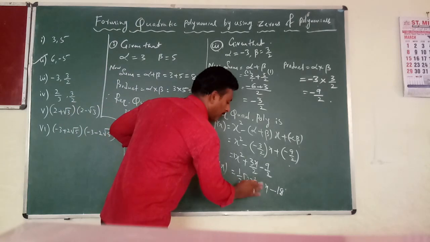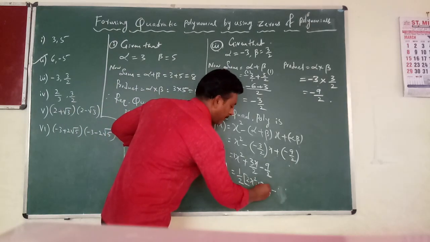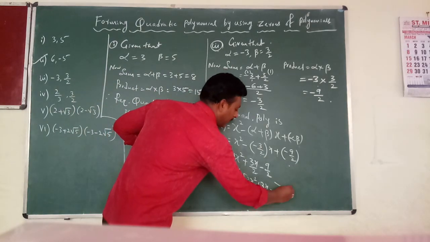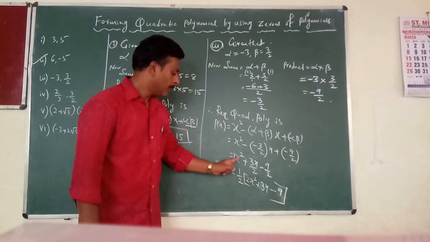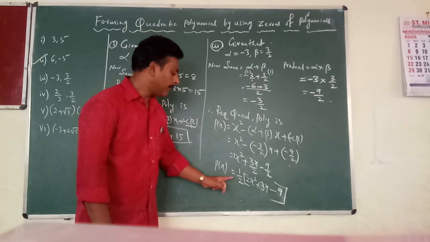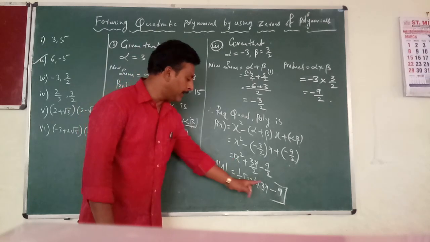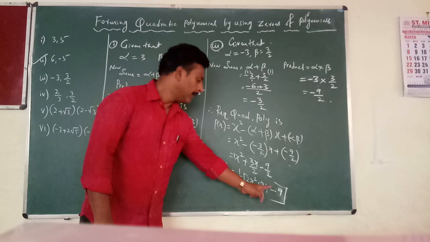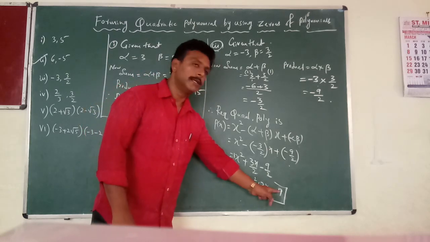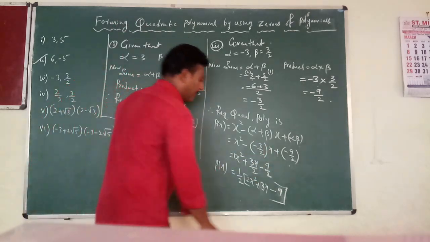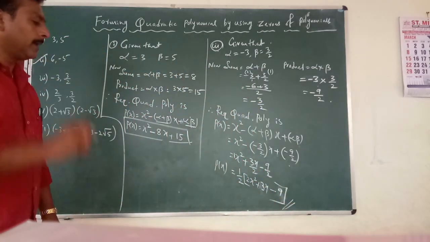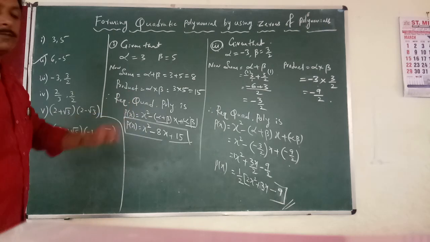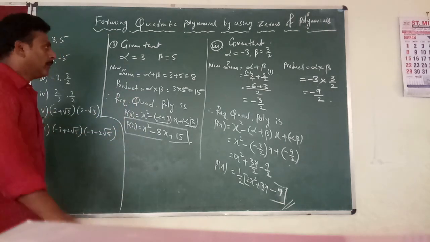Sorry, this is 3/2 and -9 divided by 2. If you multiply, 2 cancels 1x square, and when you multiply half into 3/2, next half into 9/2, you will get. So the required polynomial is 1/2 (2x square plus 3x minus 9). This is the second polynomial.